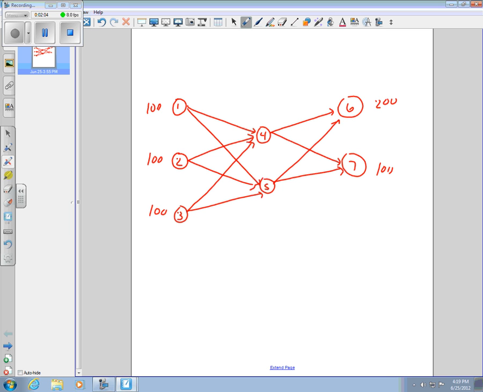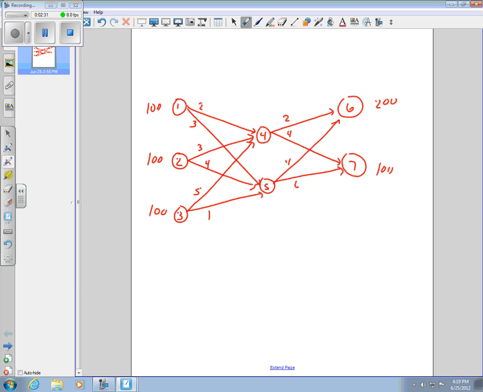Okay, so let's say it costs $2 to ship one unit from node 1, Alaska, I guess, to Chicago, node 4. $3, $3, $4, $5, $1. And then we have costs associated with getting from the transshipment nodes to the ultimate destinations. Let's say $2, $4, $4, $6.